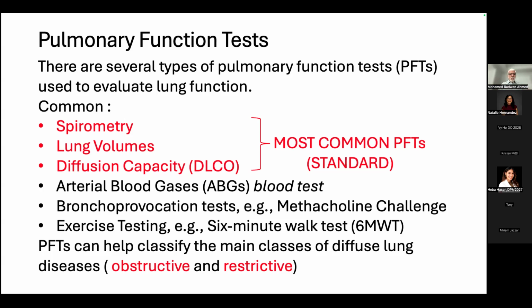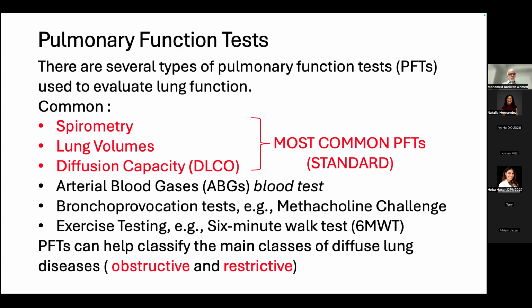We have bronchoprovocation tests, where you give a bronchoconstrictor like acetylcholine or its derivative methacholine as a challenge. If you suspect that this patient is asthmatic and you're not sure, you give this methacholine and see if the respiration is going to be affected. Also exercise testing like the 6-minute walk test, and we have a lot of things.